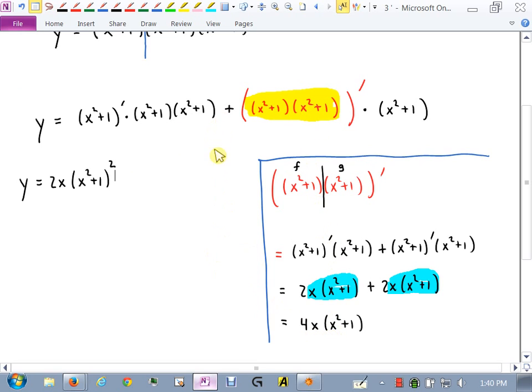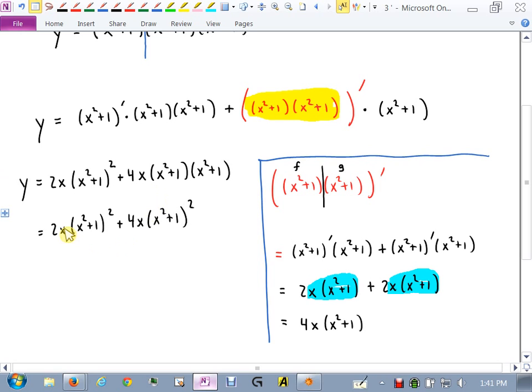So I have, and don't forget the plus sign between them, plus 4x times x squared plus 1. What's still tacked on to the end of this? x squared plus 1. Oh, and that's squared then, isn't it? So I have 2x times x squared plus 1 squared plus 4x times x squared plus 1 squared. Can you simplify that? These are, again, exactly the same, aren't they? 2 of these plus 4 of these is 6 of them.